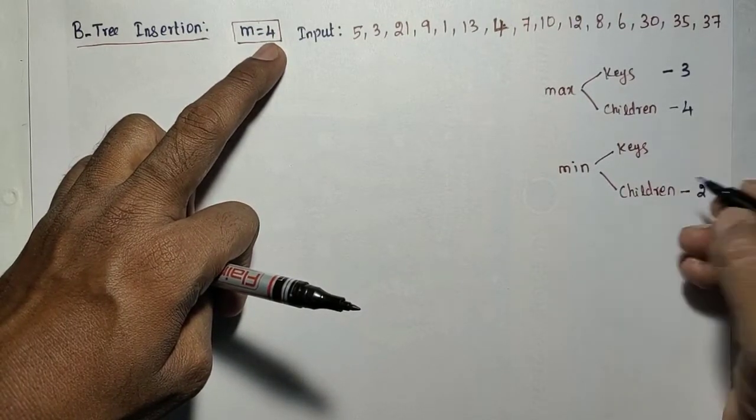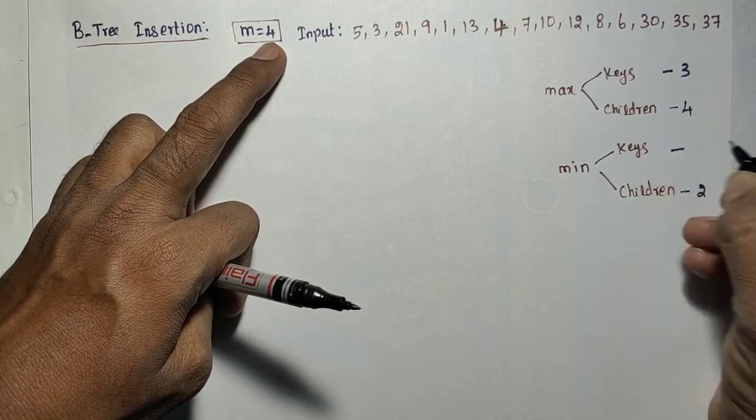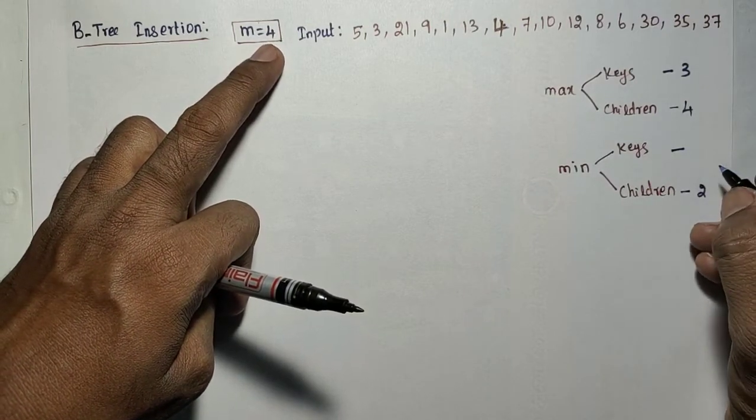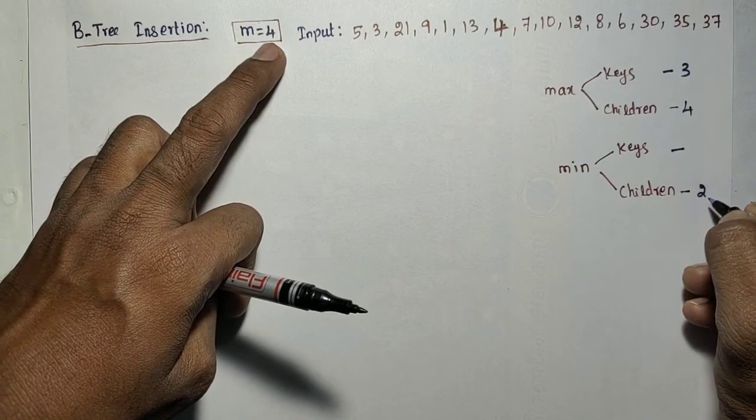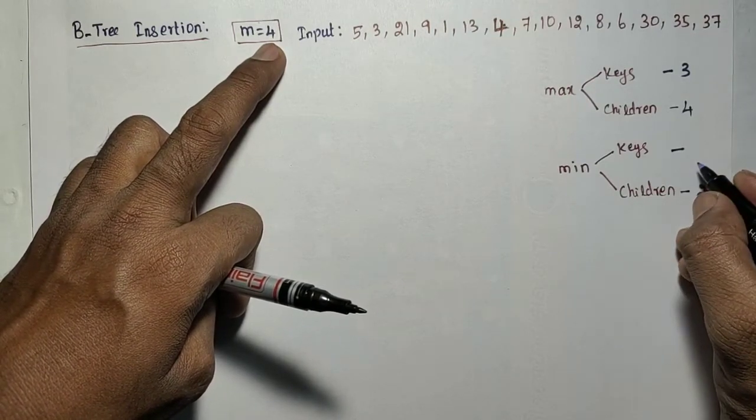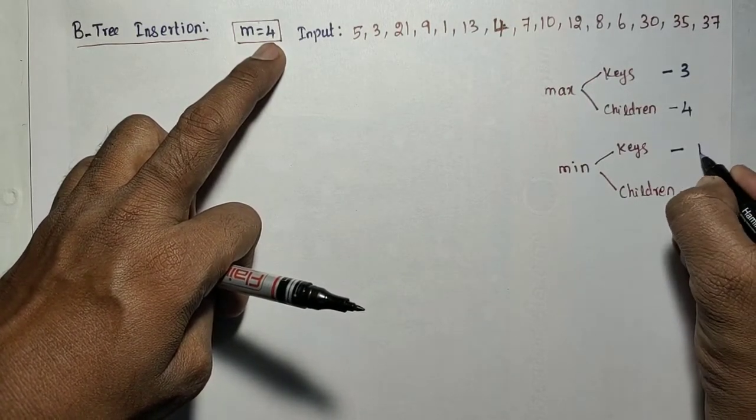The minimum number of keys in each node is the minimum children minus 1, that is the ceiling of m by 2 minus 1, that is 1.